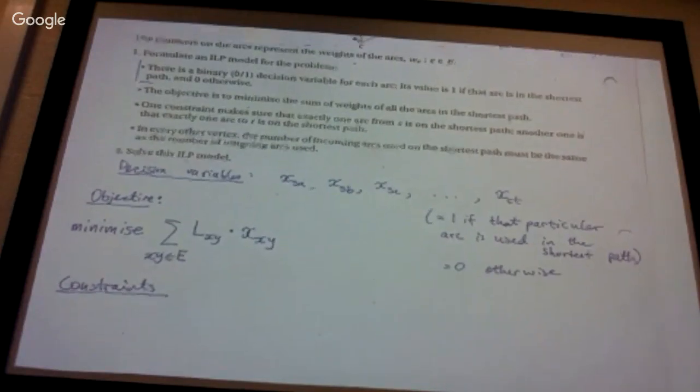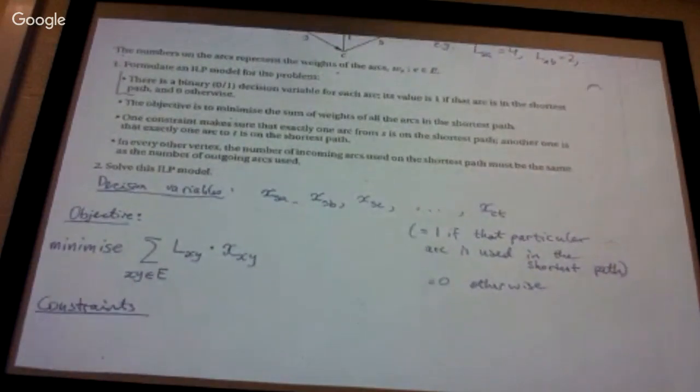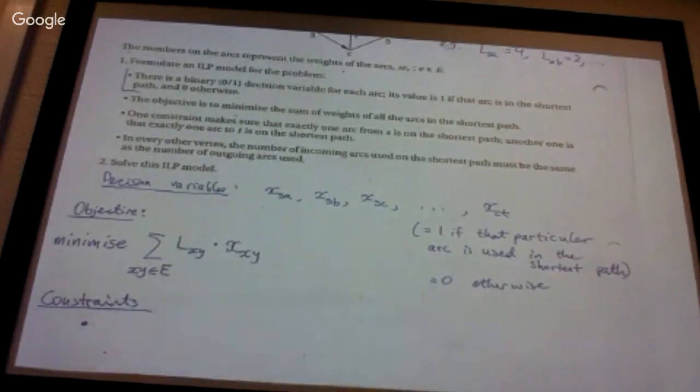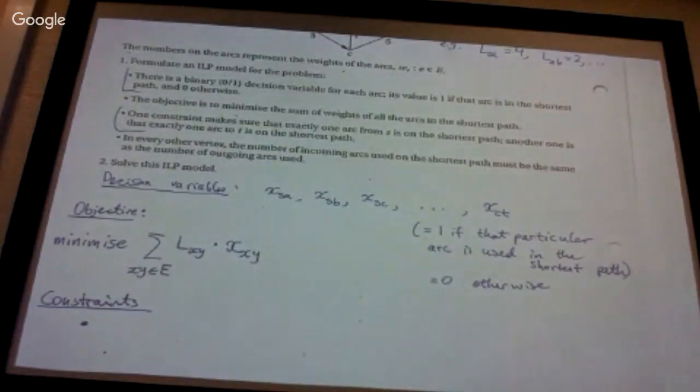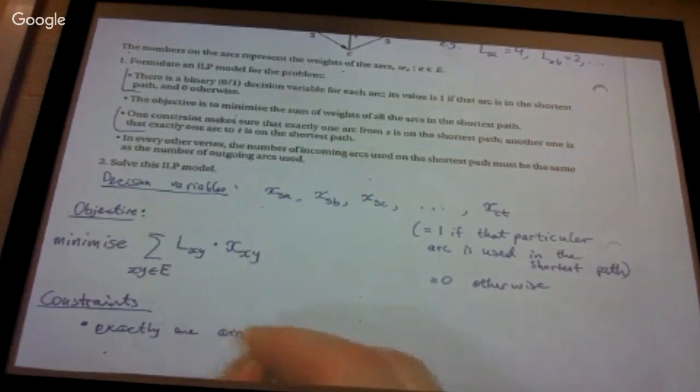And the shortest one is then going to be given by the minimization, but you want all these things to somehow denote a path from S to T. So firstly, the first constraint, as it says here, makes sure that exactly 1 arc from S is in the shortest path.